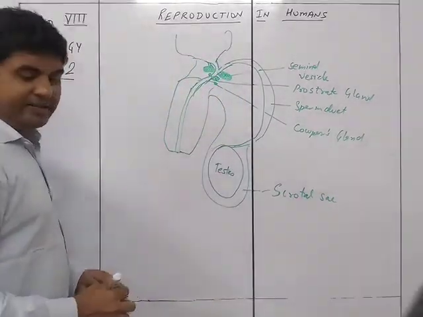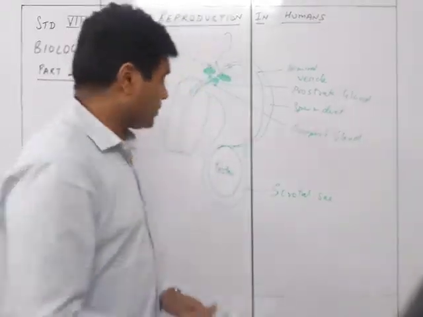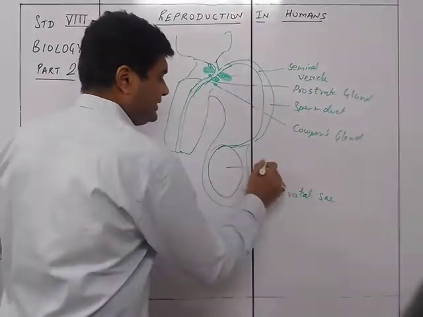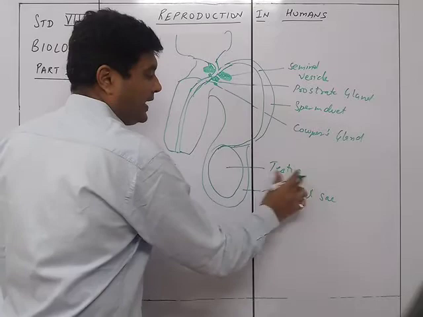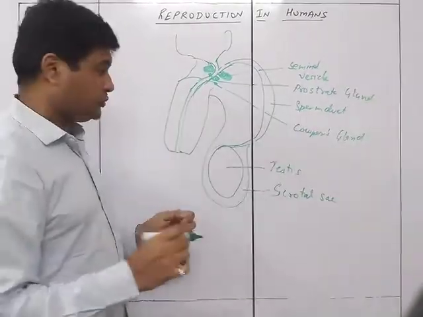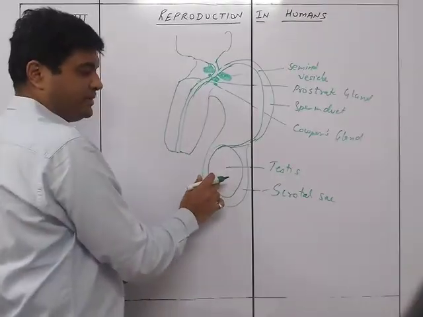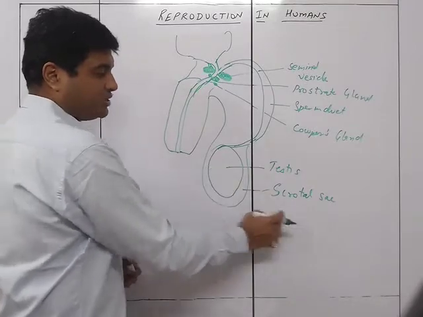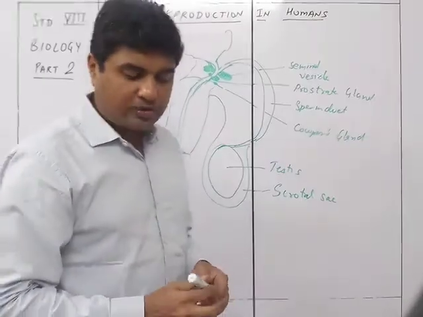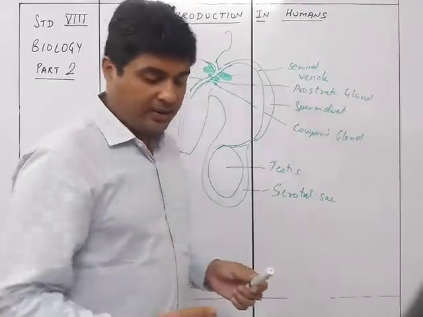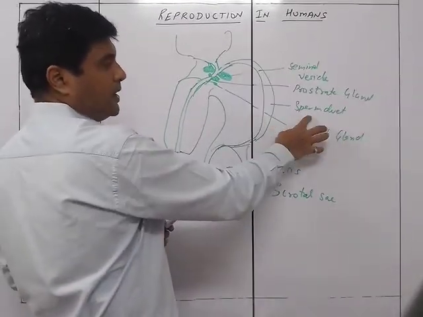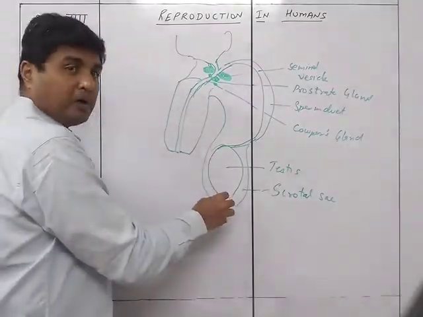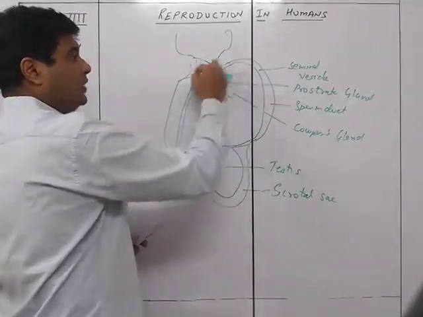Inside the scrotal sac are the testes, which produce the sperm. From there a tube, the sperm duct, carries the sperm from the testes to the urethra.